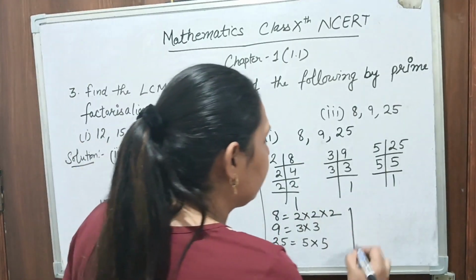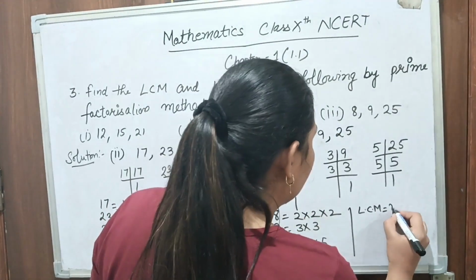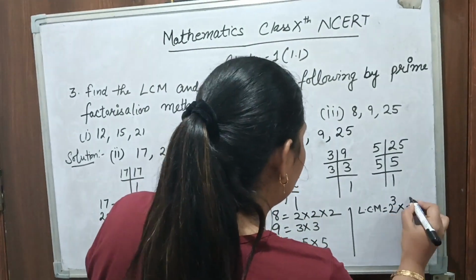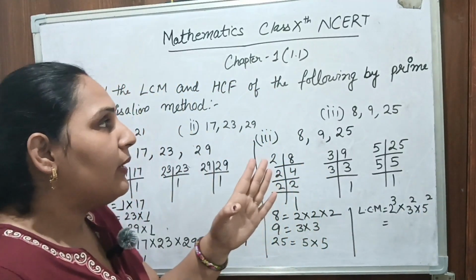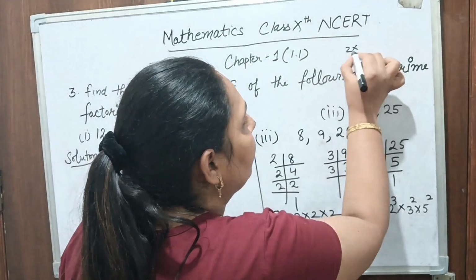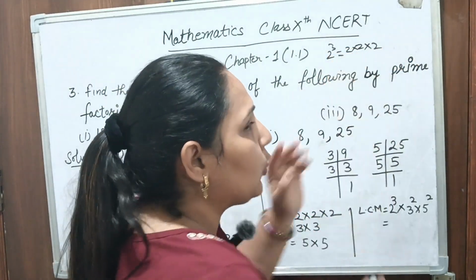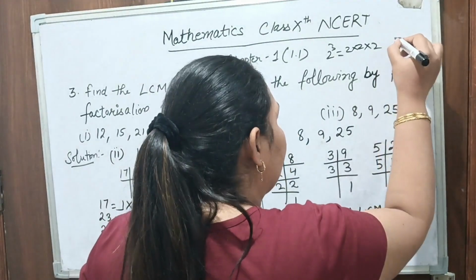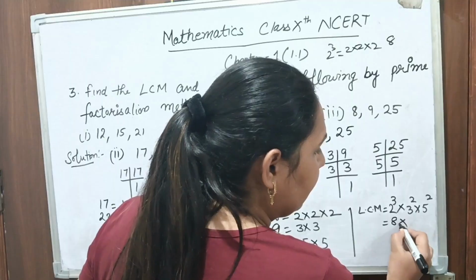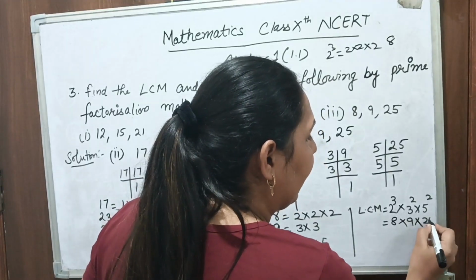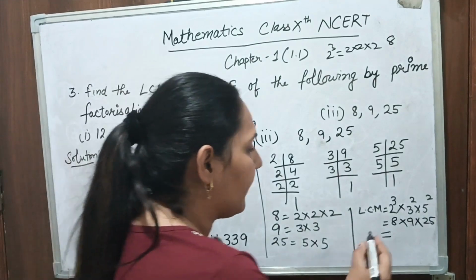So its LCM will be 2 cube, 3 square and 5 square. That is when you multiply 2 three times, 2 2s are 4, 2 4s are 8. 3 3s are 9, multiply by 25 and you will get the answer 1800.